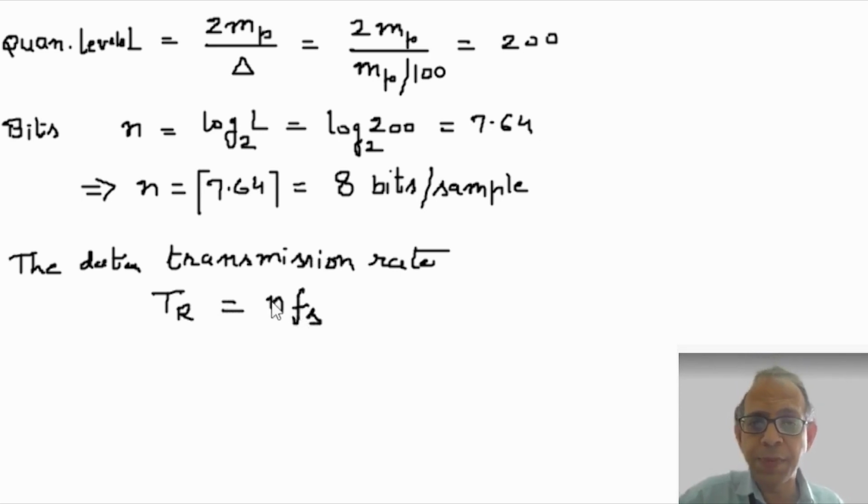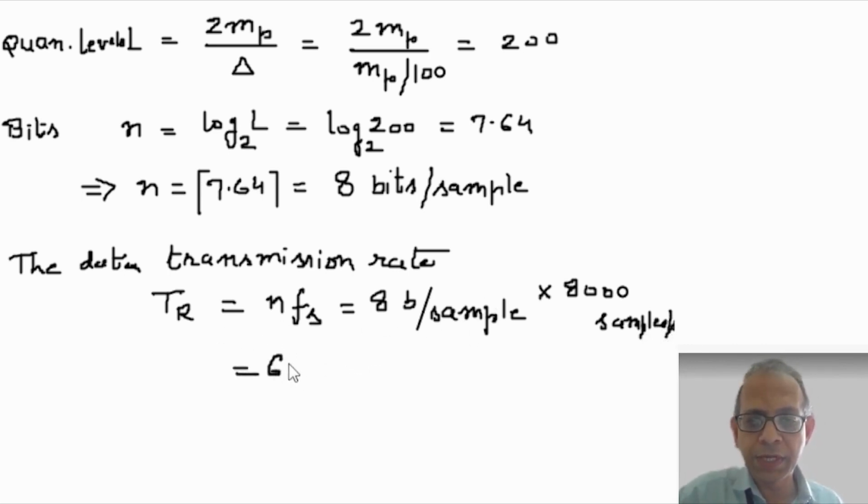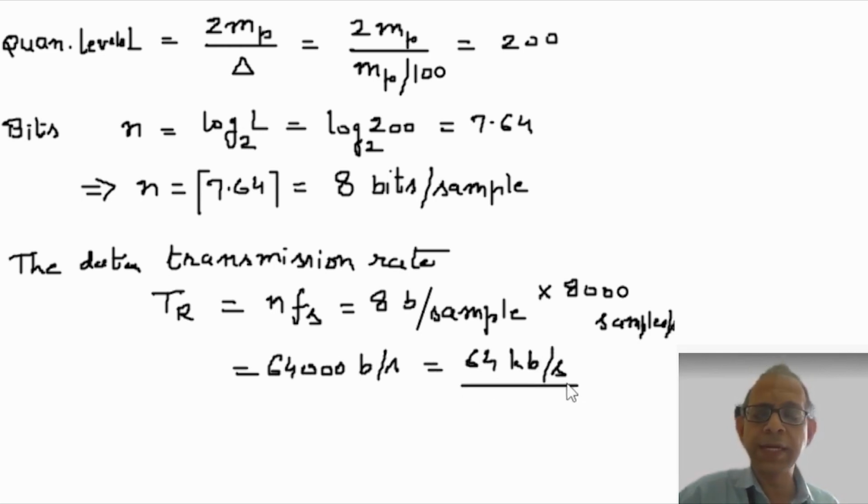N is the number of bits per sample and Fs is the samples per second, the sampling rate. So N is 8 bits per sample times 8,000 samples per second, and what we get is the data rate in bits per second. So 64,000 bits per second or 64 kilobits per second. So this is the data rate.